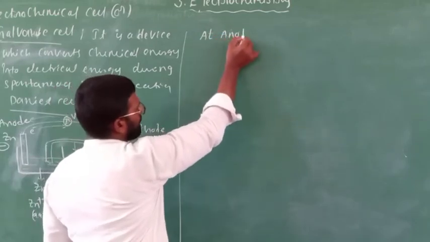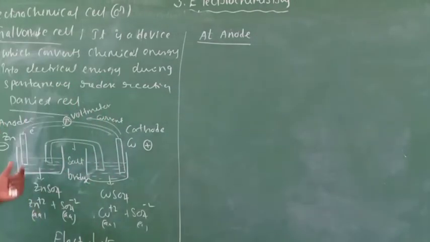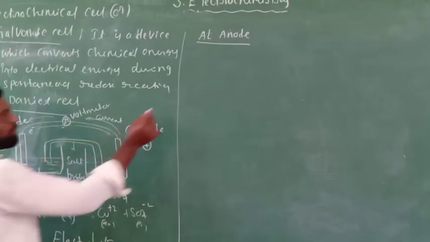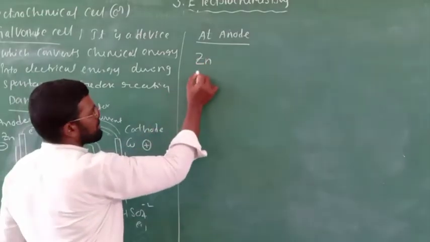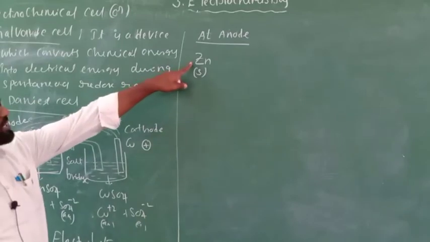At anode, oxidation takes place. Here at anode, listen carefully, the zinc rod is dipped in zinc sulfate solution. The zinc rod consists of a huge number of zinc metal atoms.